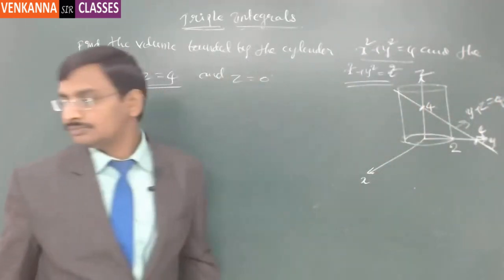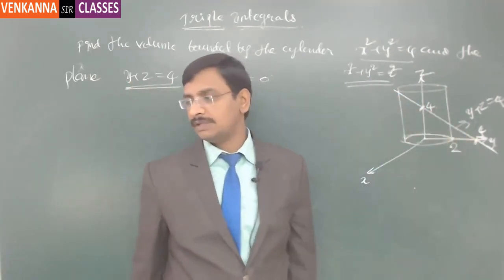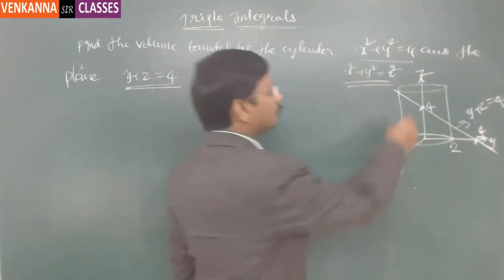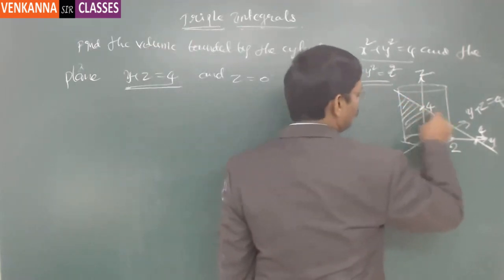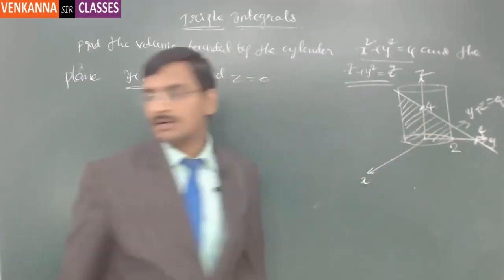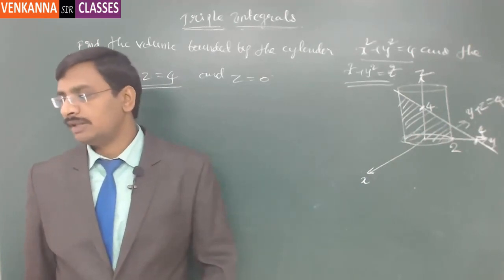Got it? This is not a straight line, this is just a cut of the cylinder like this. Along this straight line, I have cut the cylinder. Now what he is talking about is to find the volume bounded by this plane and the cylinder like this. Got it? Now the z value is identified there.